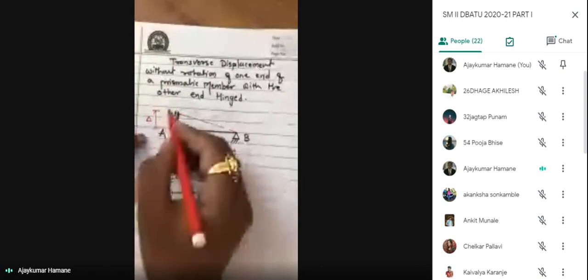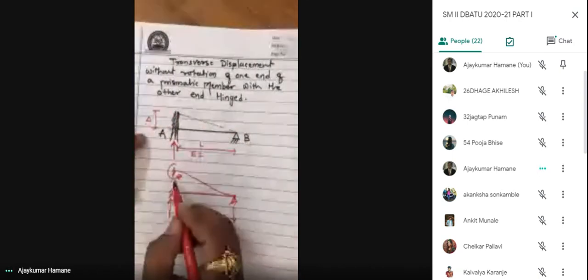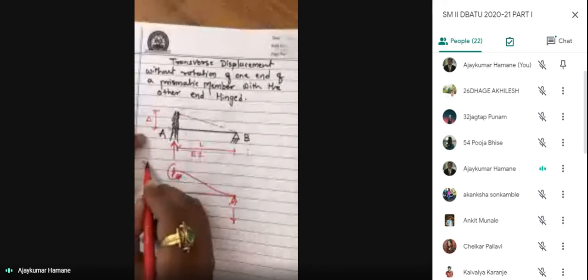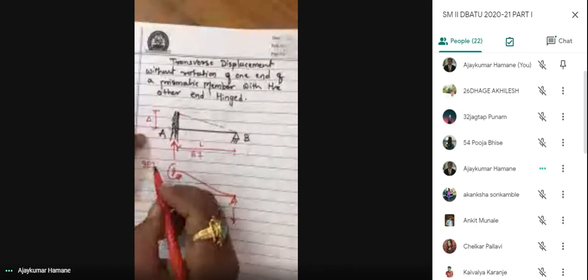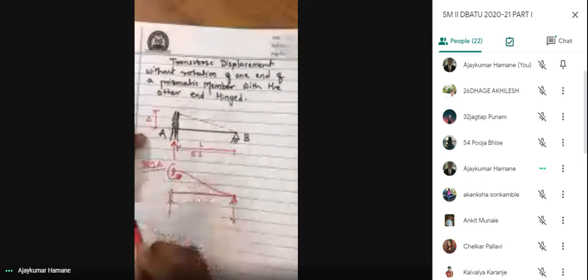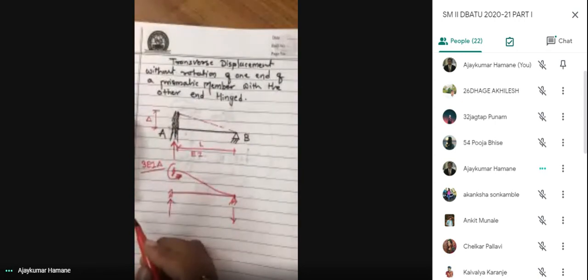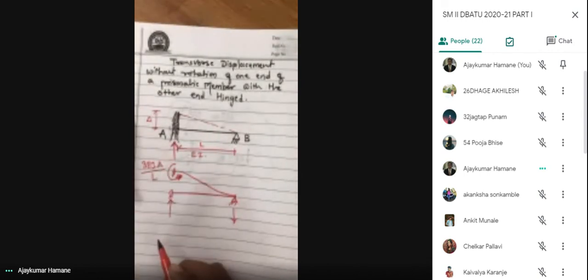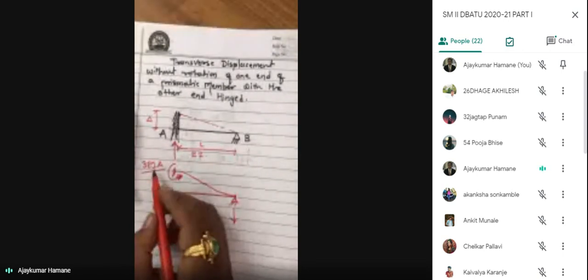So this force, here again we have a moment. This moment is created. So this moment is equal to 3 EI delta upon L, you can say L square.